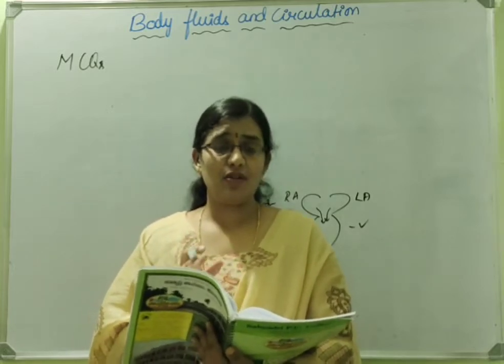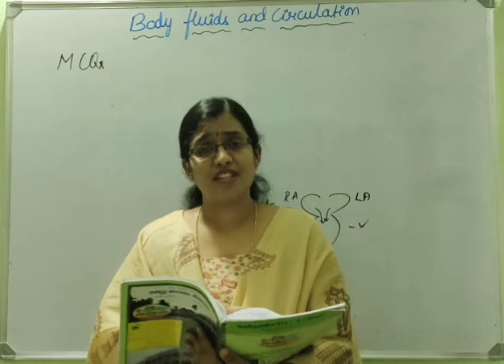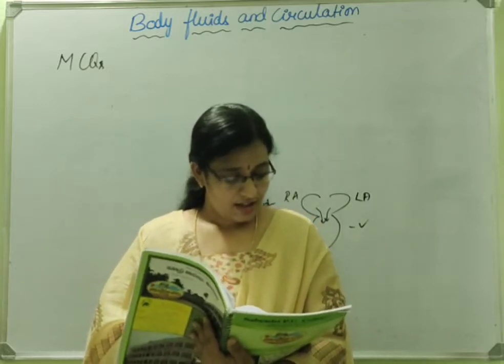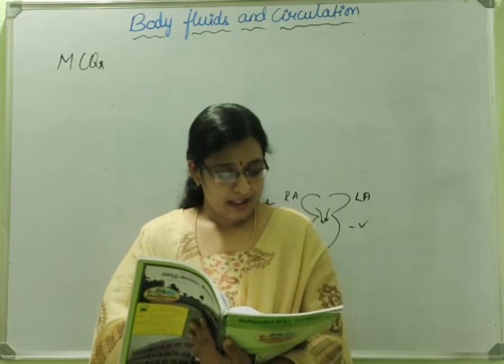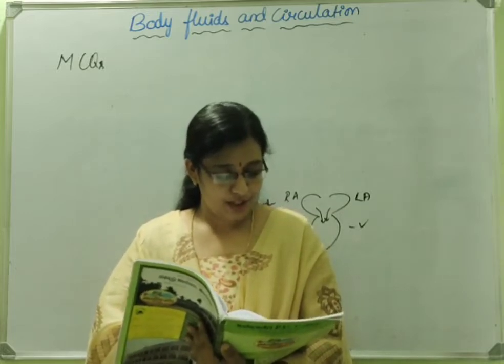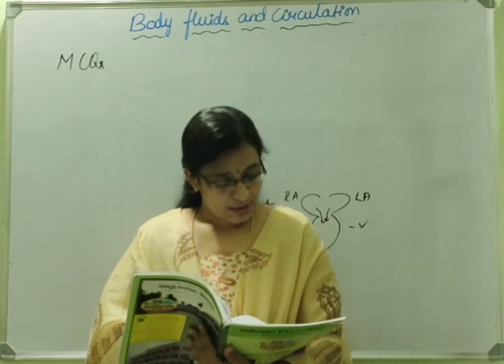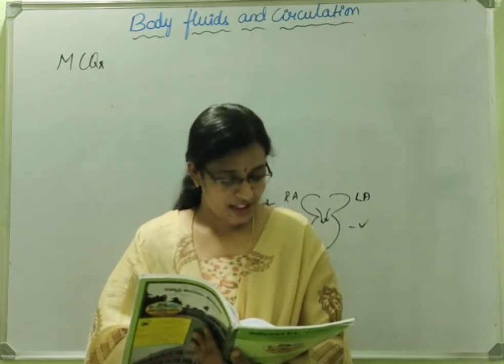So ventricles are not only present in the heart, they are also present in the brain. So which is the right option? It is both 1 and 2, option C.